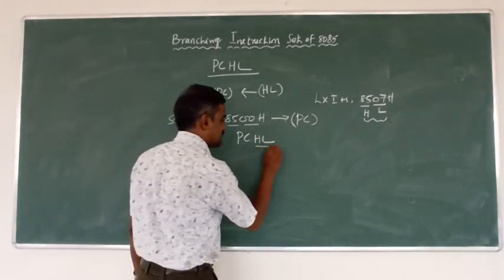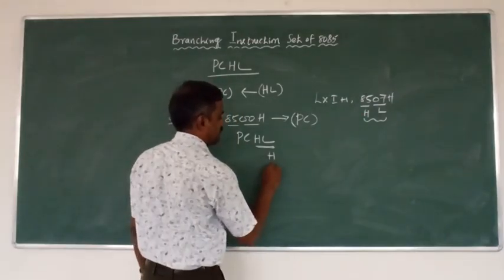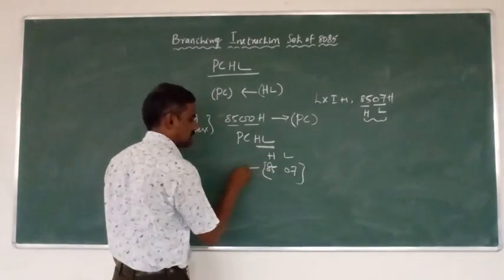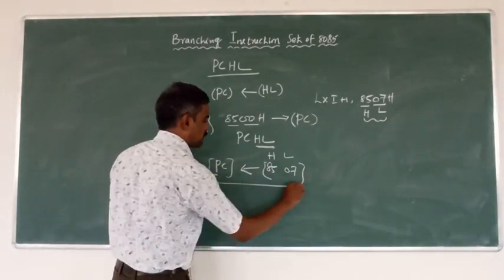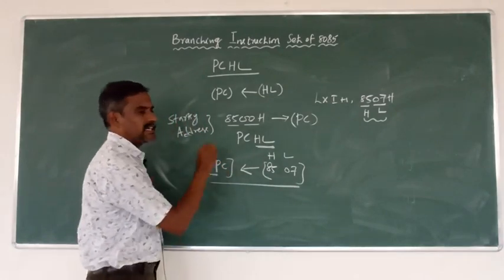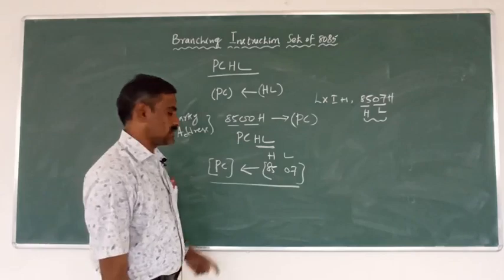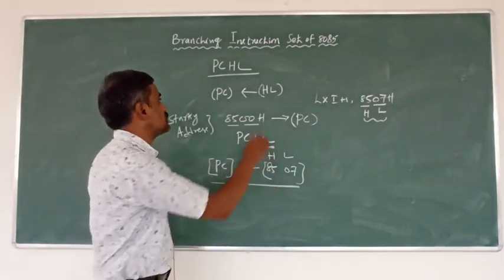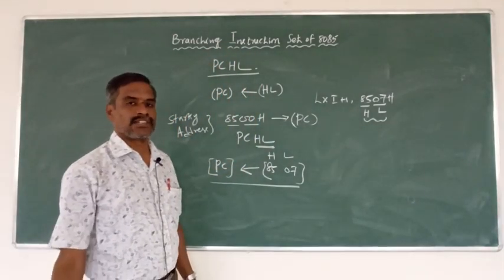PCHL means the HL register, here H is 85 and L is 07. This address will be transferred to the program counter. Now the program counter will execute this address location data. For that, we can use the PCHL instruction.